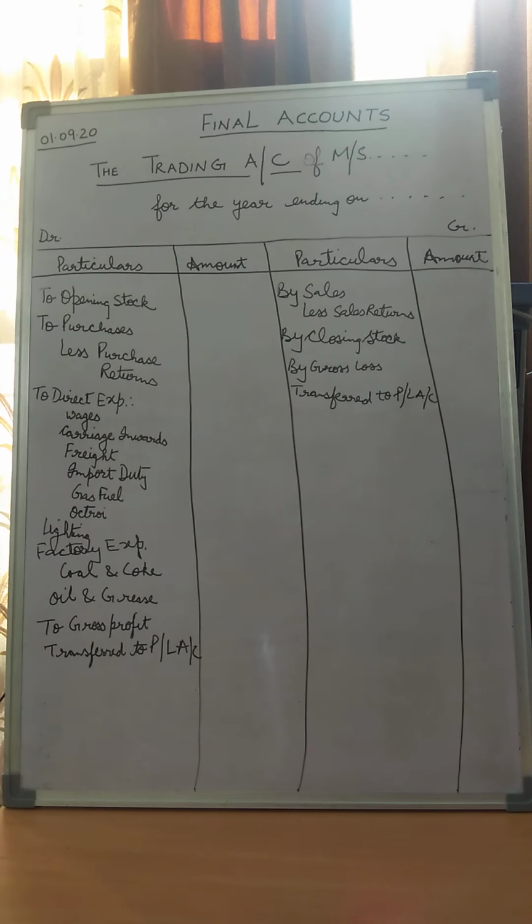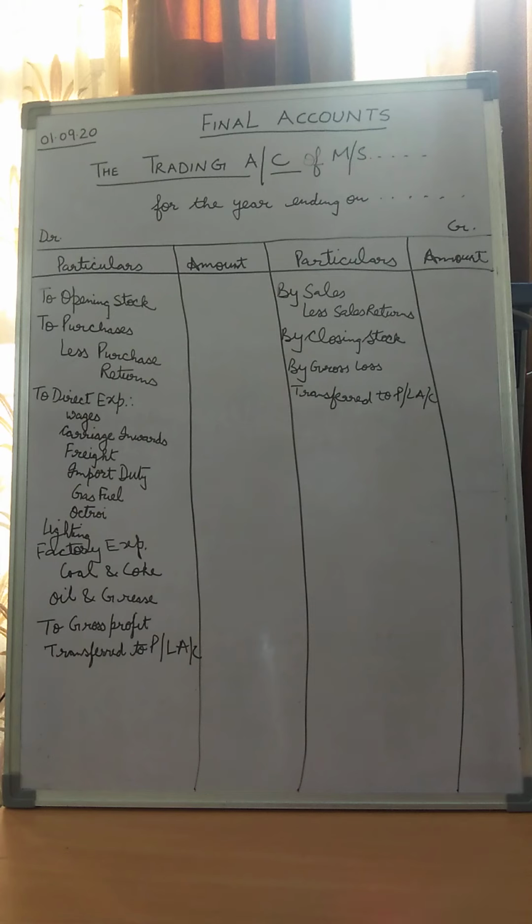Now when we talk of the closing stock, children, it means the goods which remain unsold at the end of the accounting year. Closing stock, children, is valued on the principle of cost or market price, whichever is less. It is shown on the credit side.